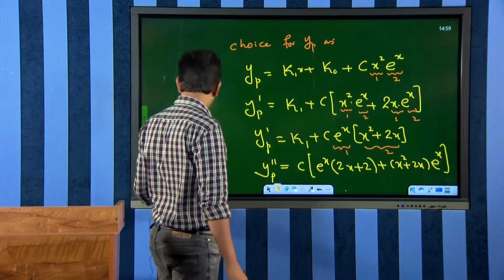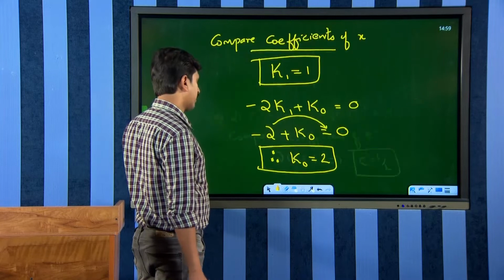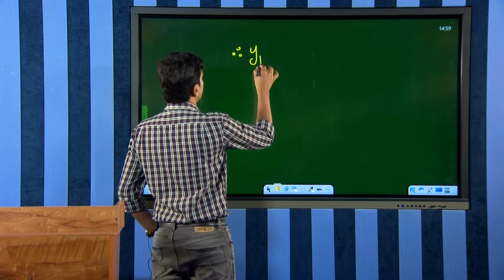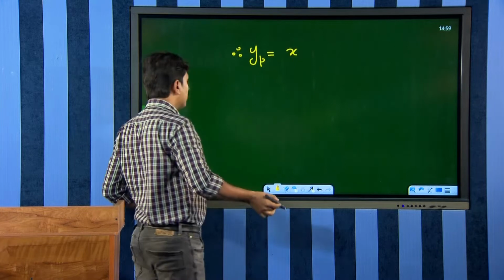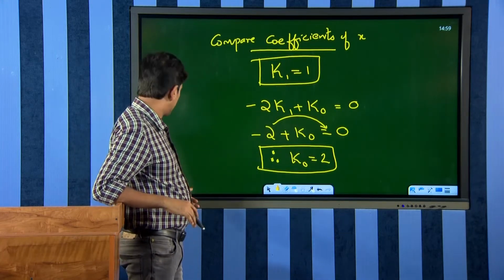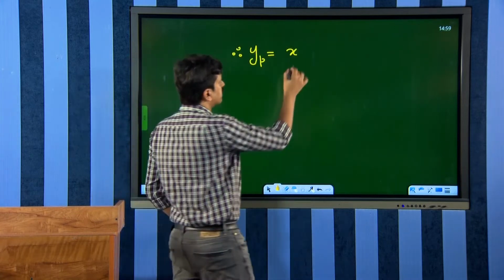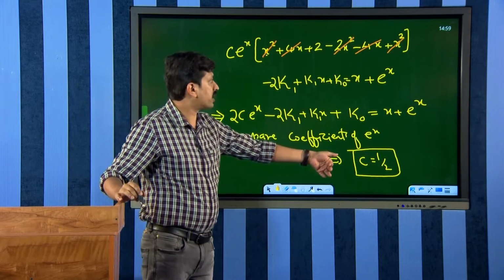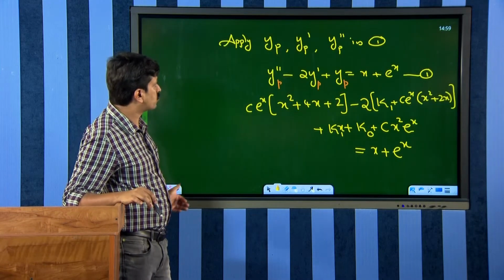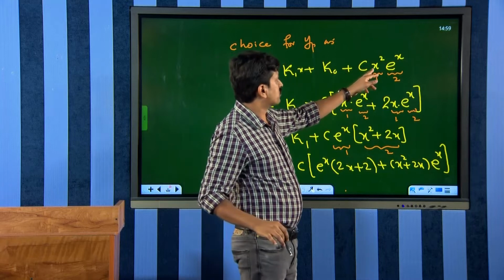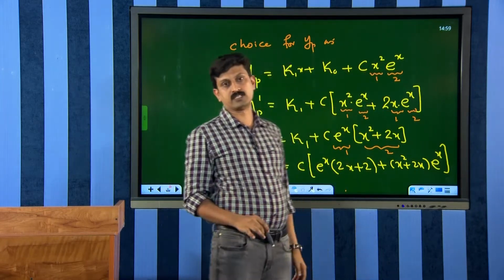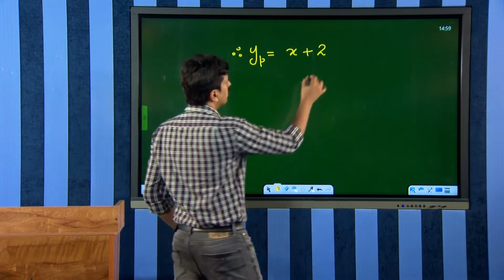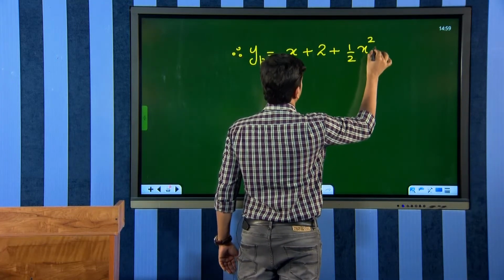So, yp is equal to x plus 2 plus 1 by 2 x square e raised to x.